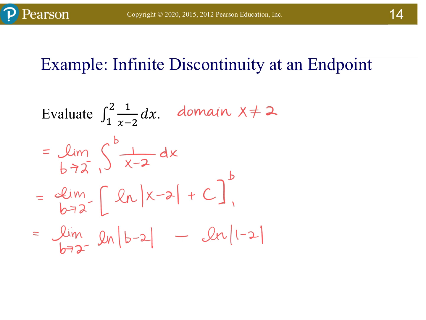Both of these, if you didn't have the absolute values, both of them would give you negative natural logs, which again is not part of the domain of a natural log. That's why the absolute values are so important. So we end up with the natural log of the absolute value of 0 minus, when we plug in 2 minus, minus the natural log of negative 1, absolute value.